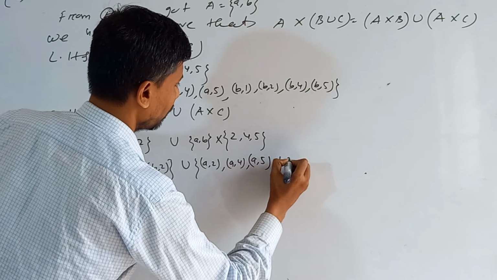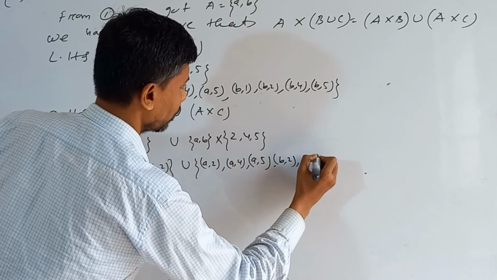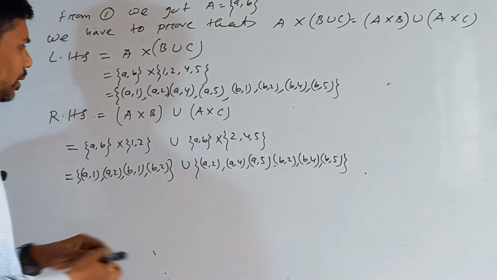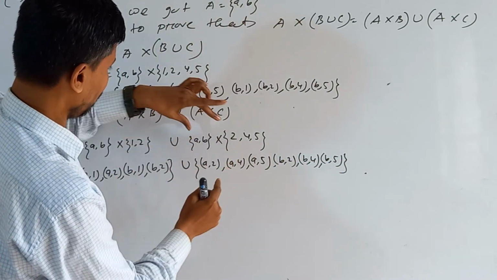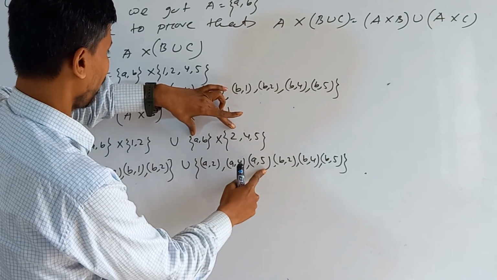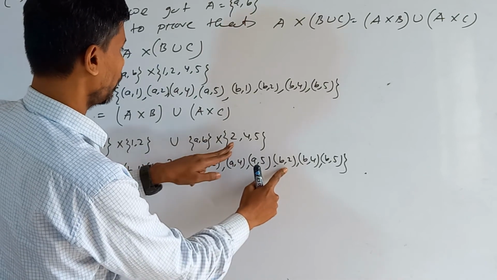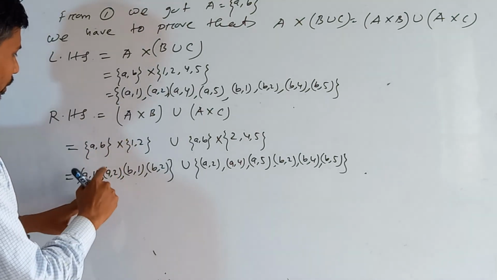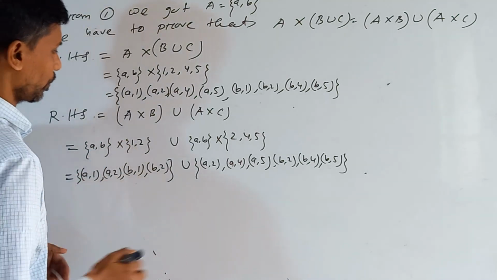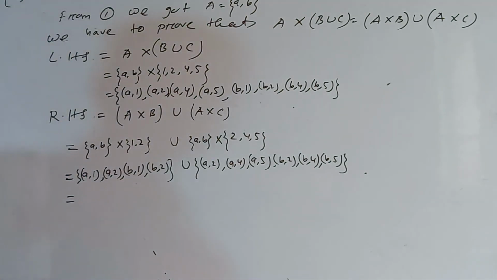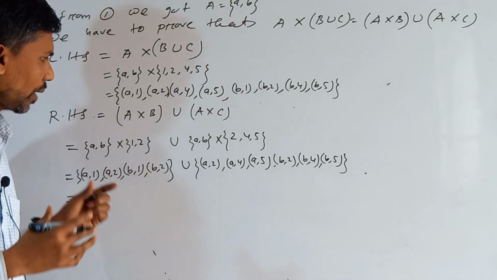Similarly, b2, b4, b5. So a1, a2, a4, a5, b2, b4 and b5, and here is also a1, a2, b1, b2. Now we have to use the union set, that means common, uncommon, all. If there is more than one common element, you have to take only one.